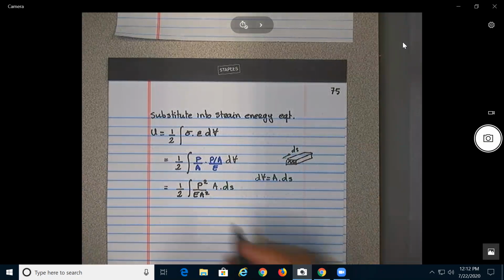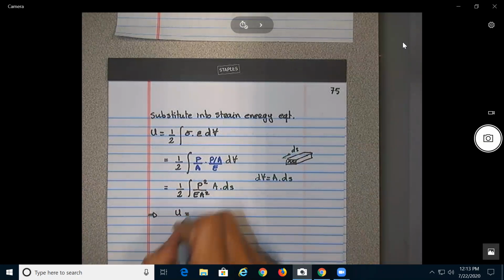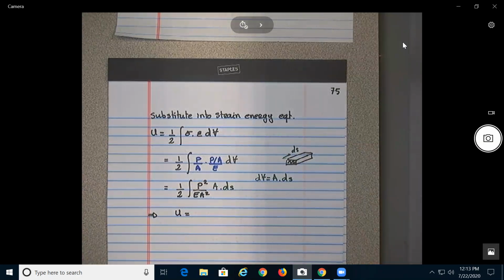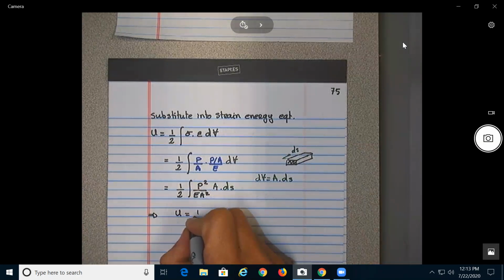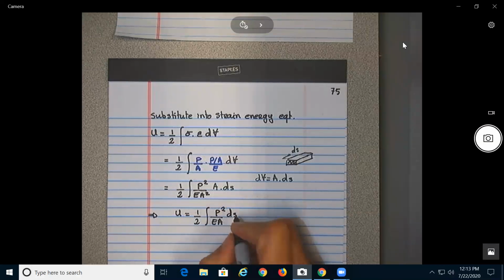So finally, what I'm going to get is that the strain energy when a structure is only subjected to in-plane loading is equal to 1/2 integral of P squared over EA ds.